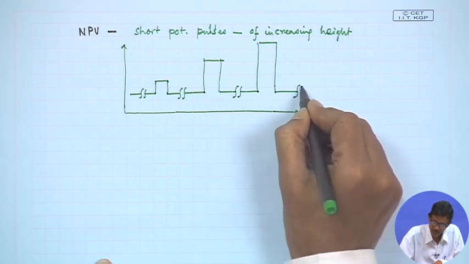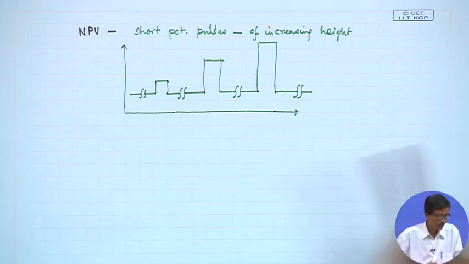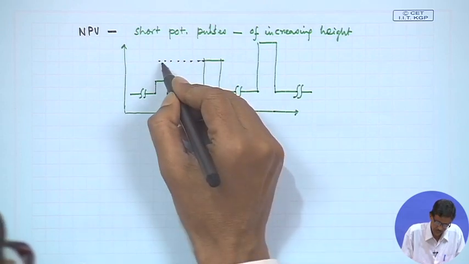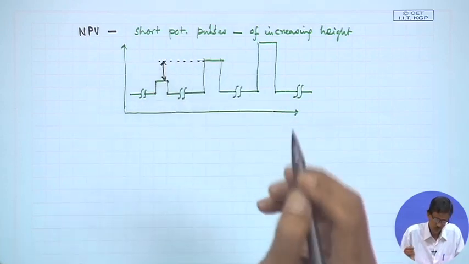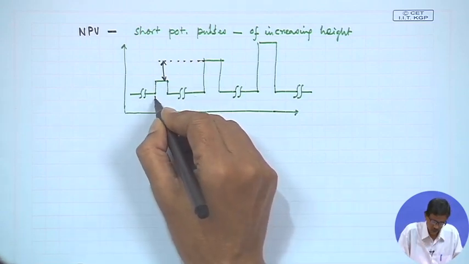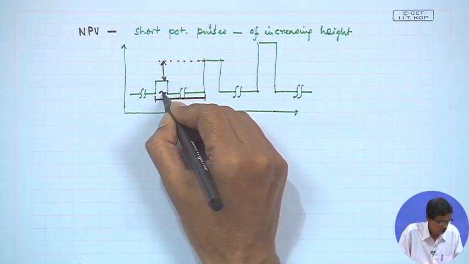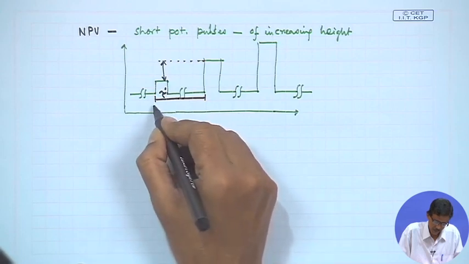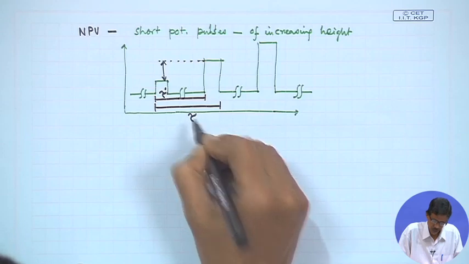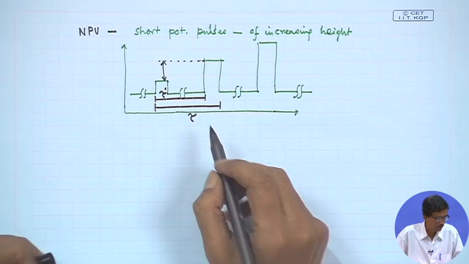It is coming back again to the baseline. The time frame from here up to this point is tau prime, and the time from here to this point is tau, because these tau and tau prime values have some significance.